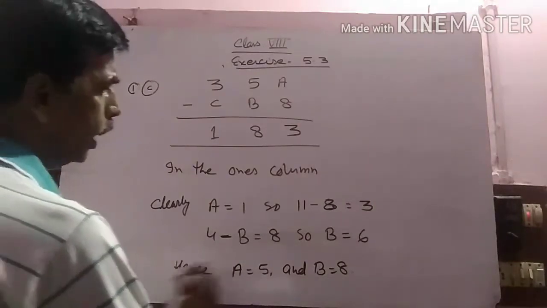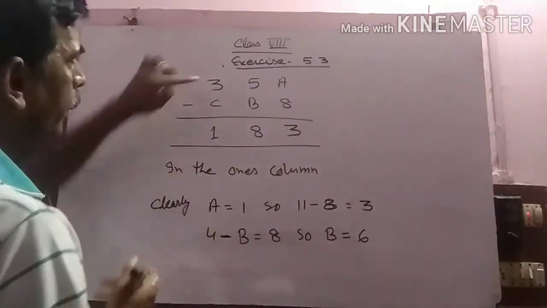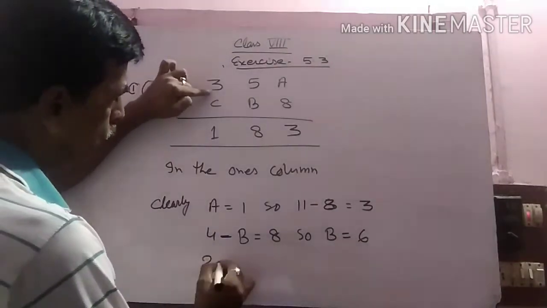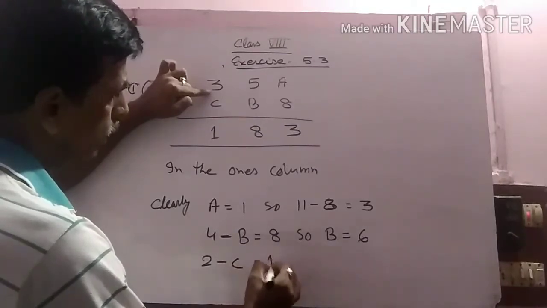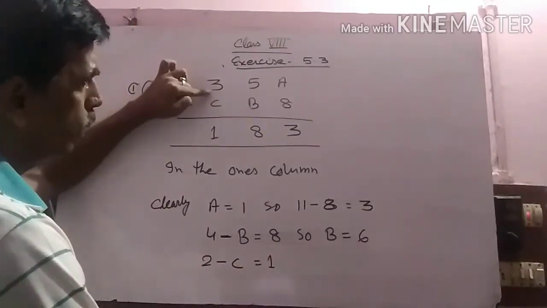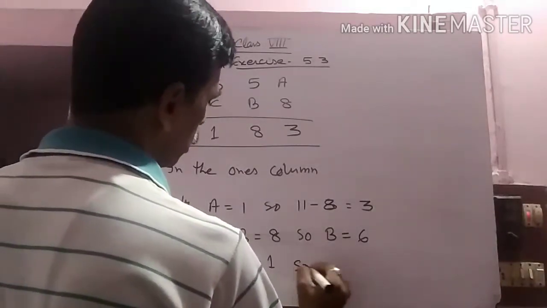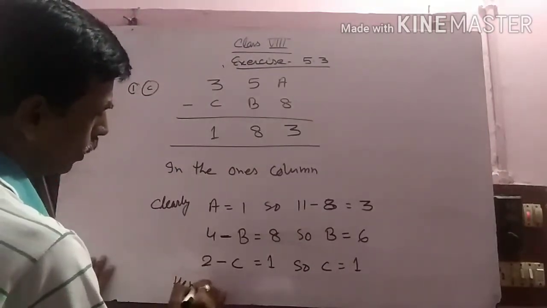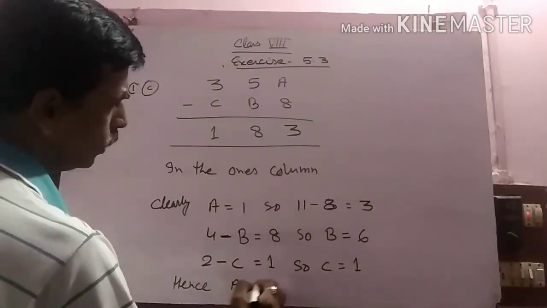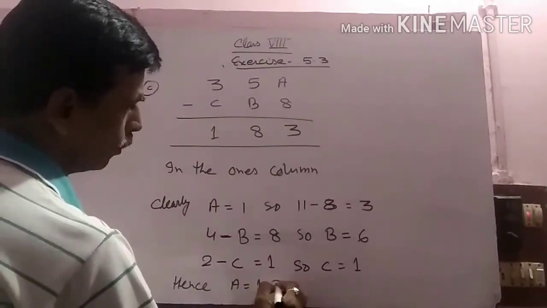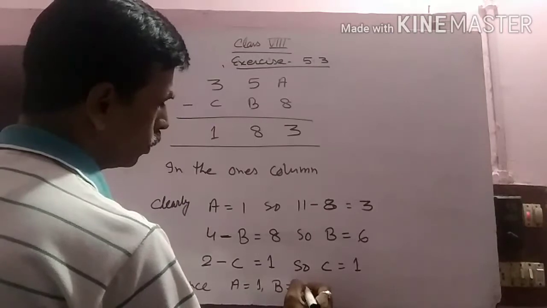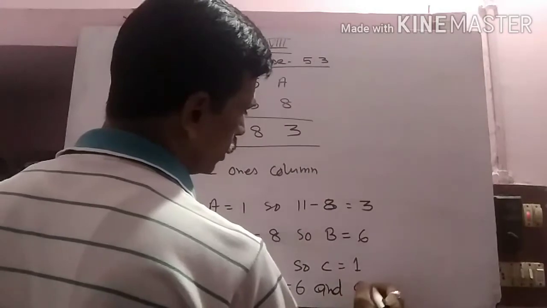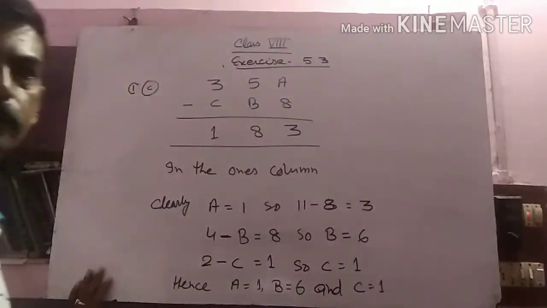Now it becomes 2. 2 minus C is equal to 1, so C is equal to 1. So finally, hence A is equal to 1, B is equal to 6 and C is equal to 1.